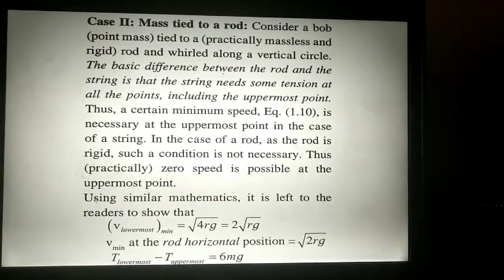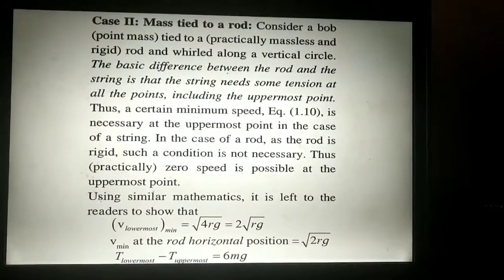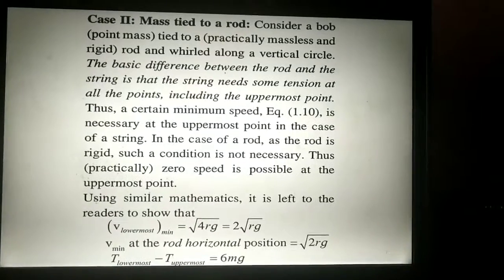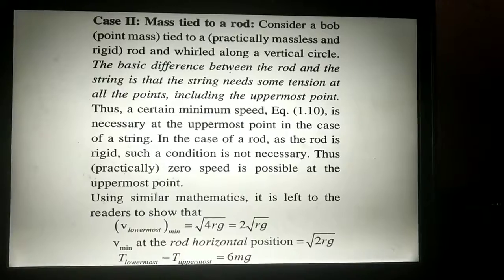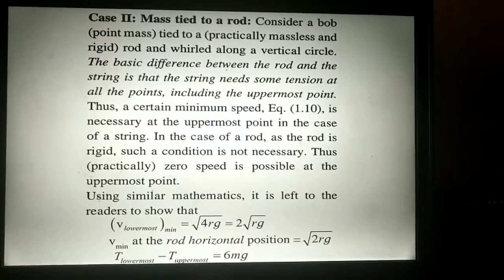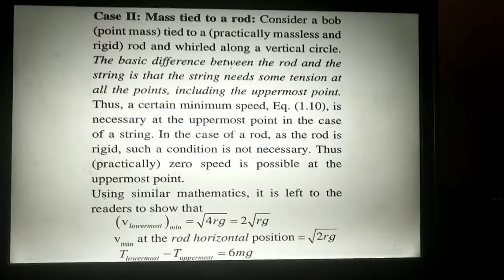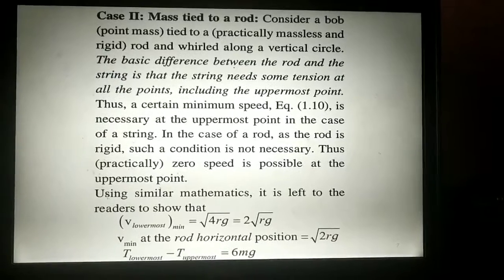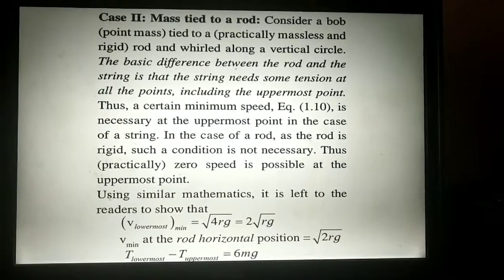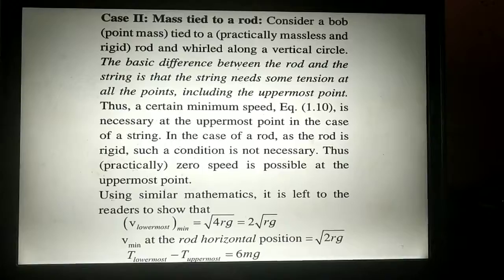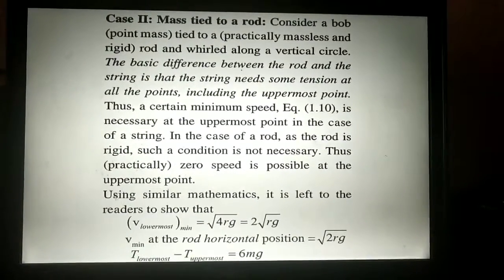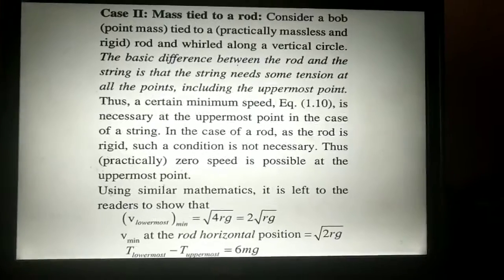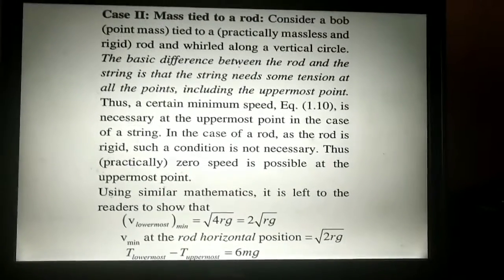So here there is no condition that the minimum velocity must be under root of rg. Even if the rod with that point mass goes to the uppermost position and the velocity becomes 0, there is no effect on the motion, because as the rod is stiff, no tension is required.